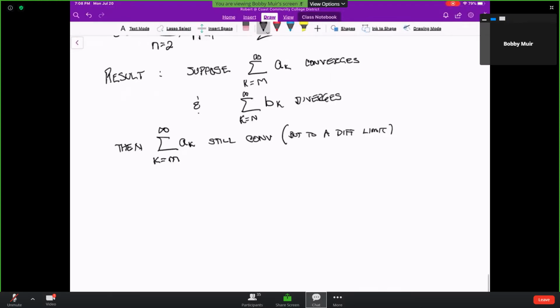And the sum k equaling n to infinity of the bk still diverges.